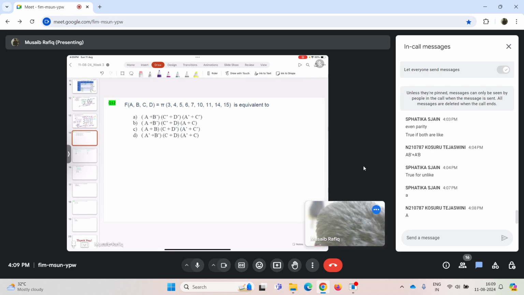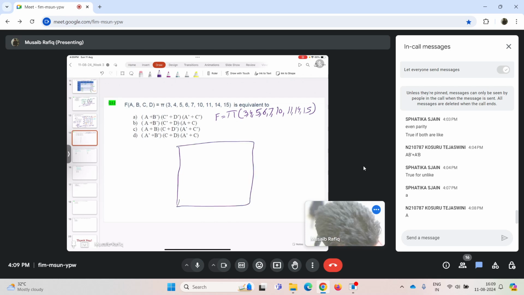So we are given f equal to the product of max terms 3, 4, 5, 6, 7, 10, 11, 14, and 15. Now I'll construct a 4 cross 4 K-map for this. Here will be AB and here will be CD.